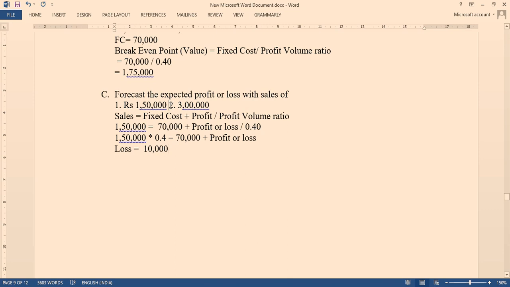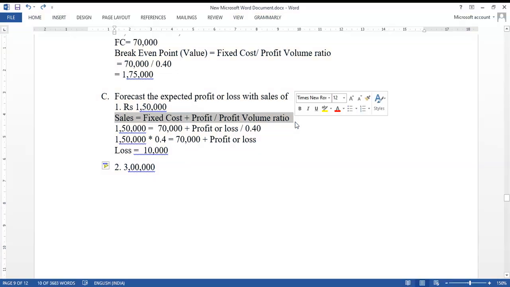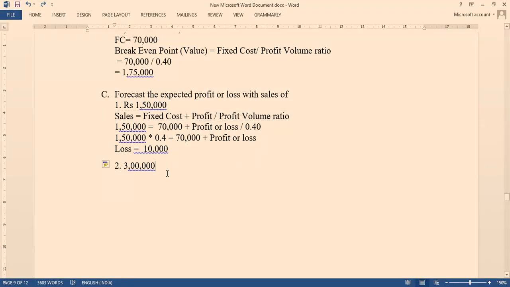The same thing, suppose we take part two. Taking part two, you can follow the same format: sales times PV ratio equals fixed cost plus profit or loss divided by profit volume ratio.